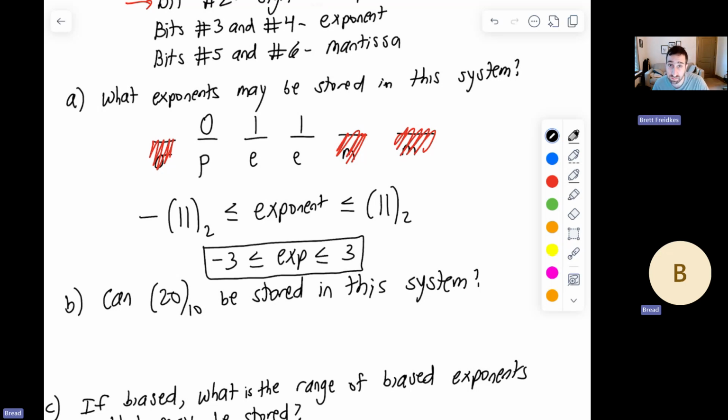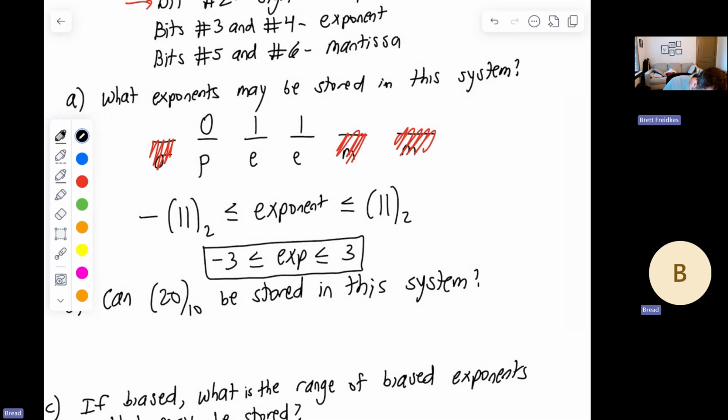So in this unbiased system, we can store exponents that are between and including negative 3 and positive 3. To be really thorough: negative 3, negative 2, negative 1, 0, 1, 2, 3.